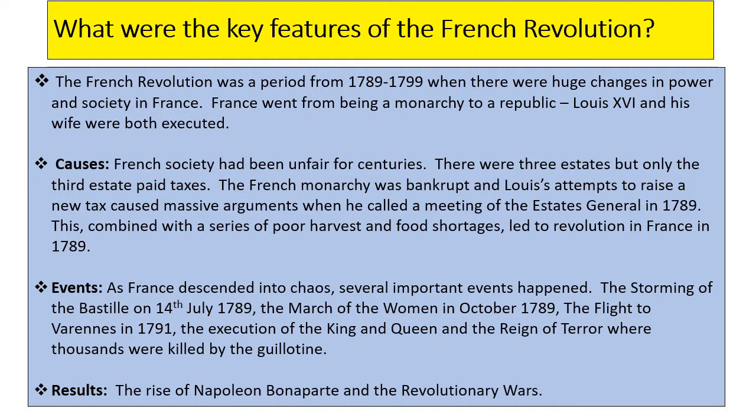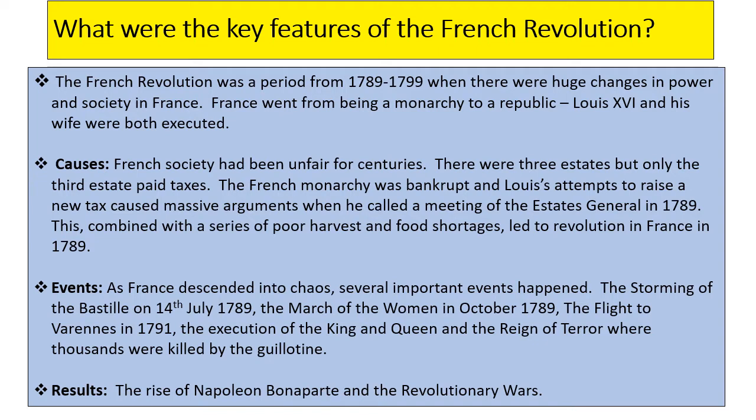People in the first estate were clergymen, men who worked for the church, priests, vicars, bishops. People in the second estate were the nobility, so basically the king's friends, rich people, people who owned lots of land, and everybody else, which was about 97% of the population, were in the third estate.